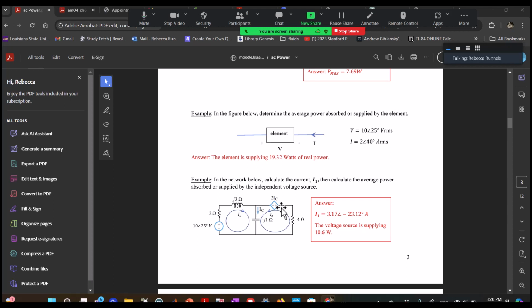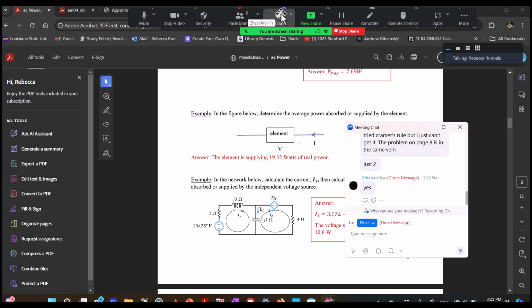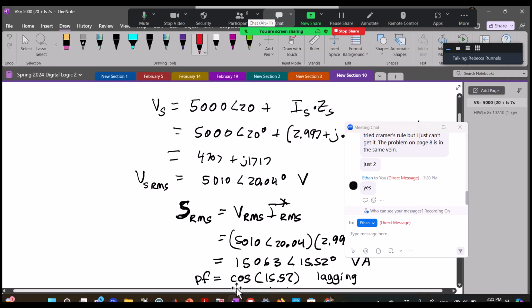Okay, so it looks like we get down. I'm assuming you know how to get to the equations. It's just solving the equations that is the question you have? Yes, okay. So I'm going to write the equations here and we'll solve them.